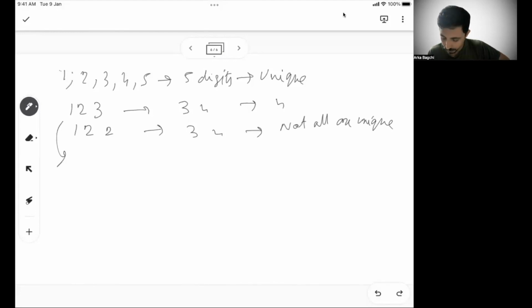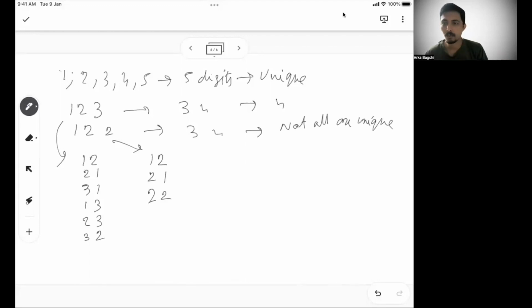In the first case, you can do 1 2, 2 1, 1 3, 3 1, 2 3, 3 2. So you can make all these 6 possibilities. But in the second case, what you can make is 1 2, 2 1, or 2 2.